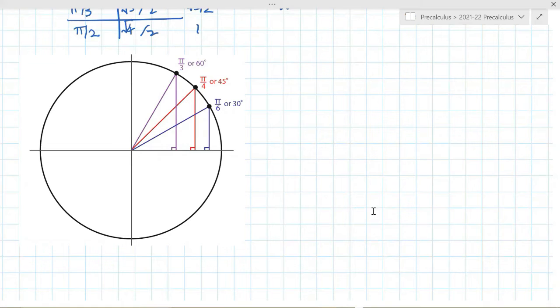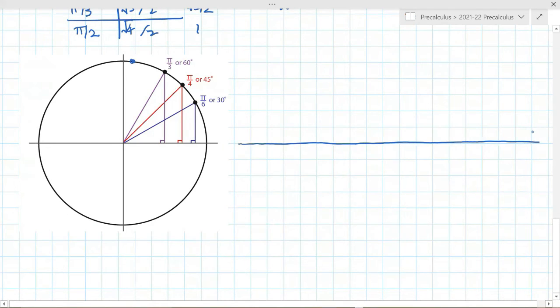The pi over 6, pi over 4, pi over 3, or 30, 45, 60, and 0 would be here, and 90 would be here, right? Pi over 2. And then the other quadrants are symmetric, so we can mark those as well. I would like to graph it on this side.